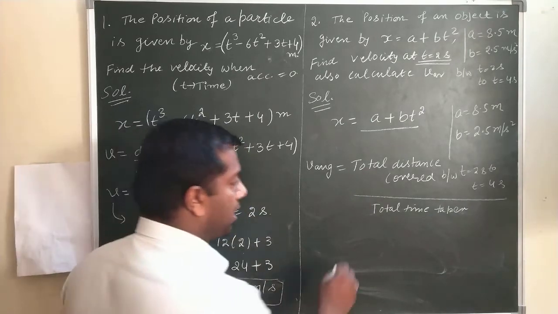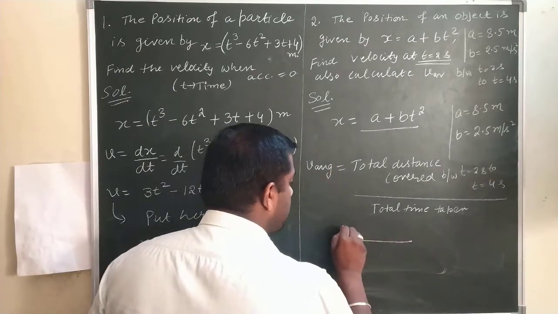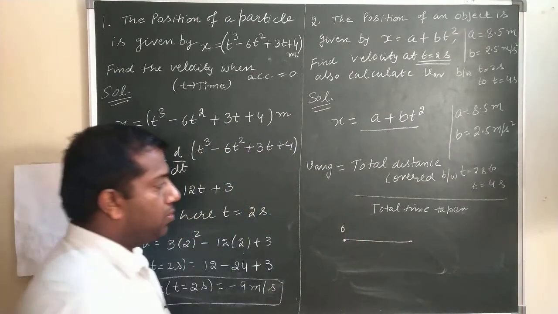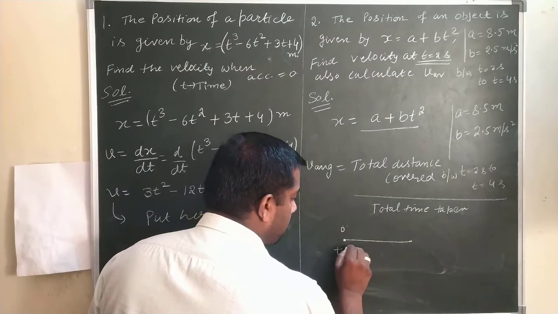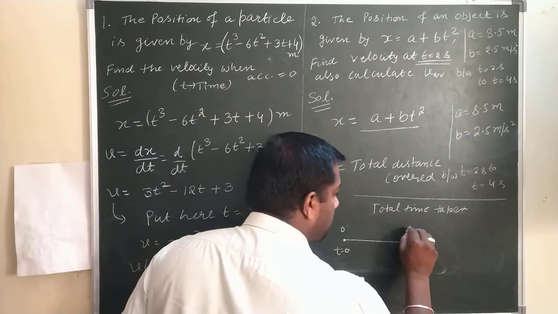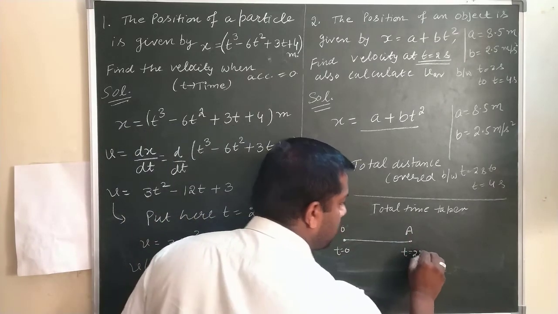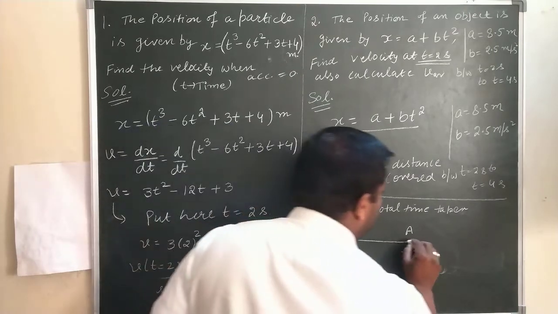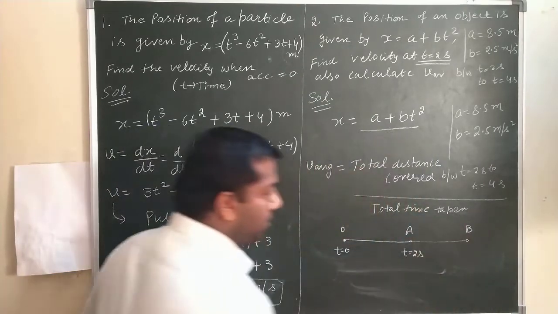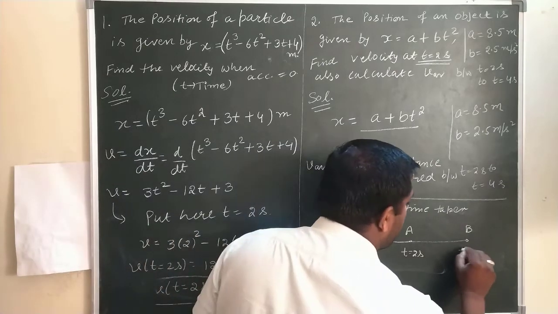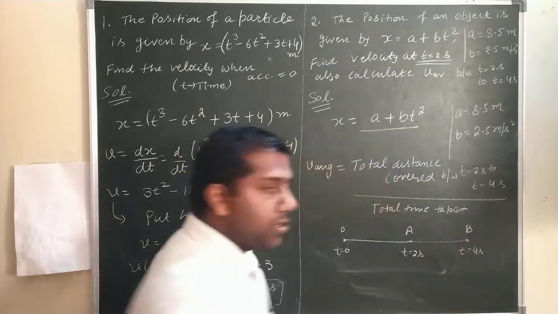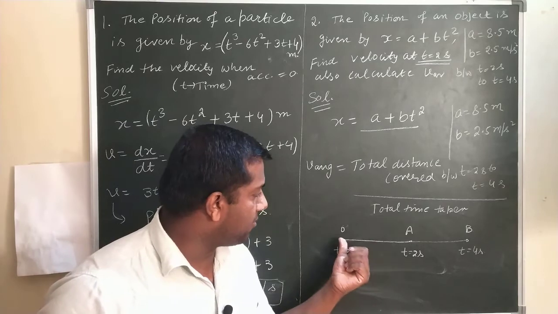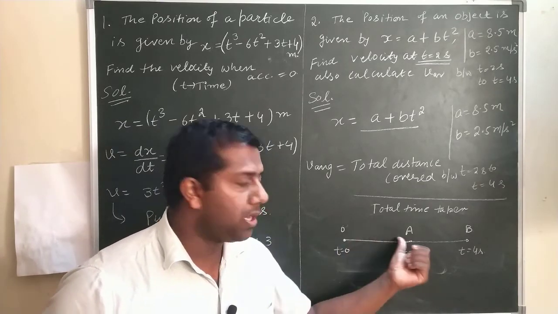We will understand with the help of a diagram. Suppose particle is initially at the point O. Let the time is here 0. After suppose time 2 seconds, it reaches a point A, and after 4 seconds, it reaches the point B. So what is the distance traveled in 2 seconds? This is OA.